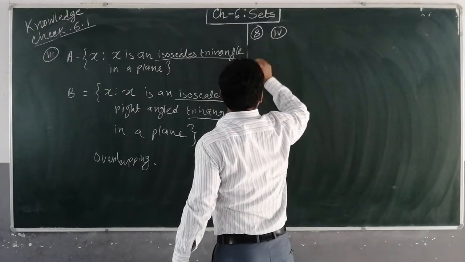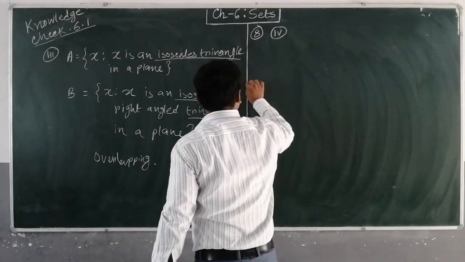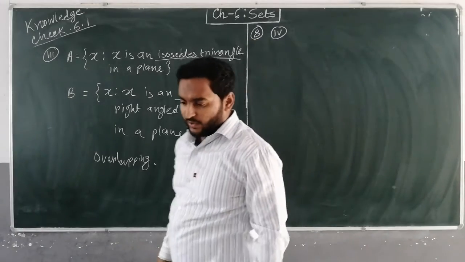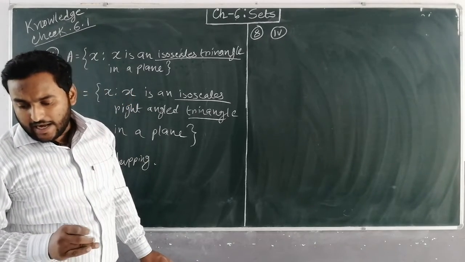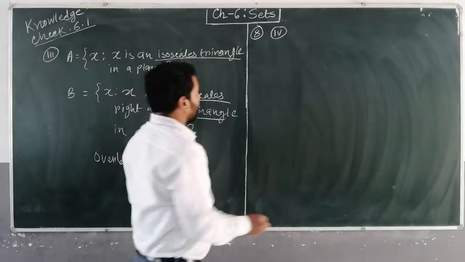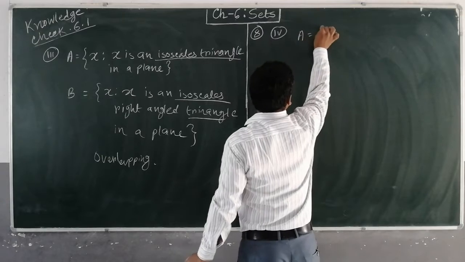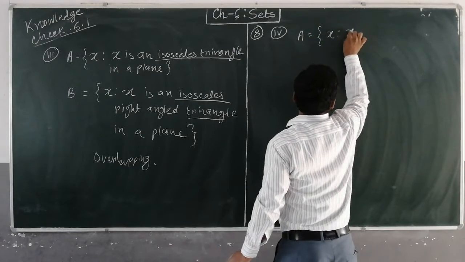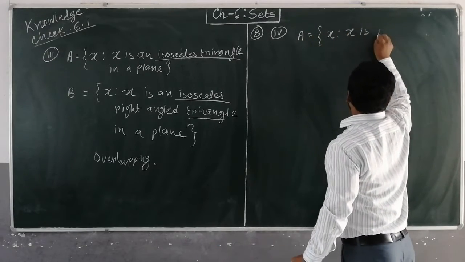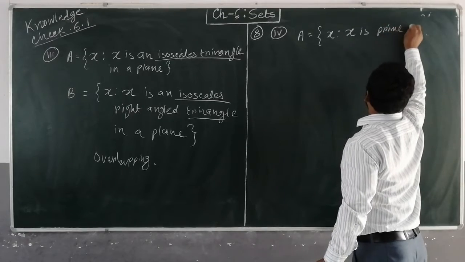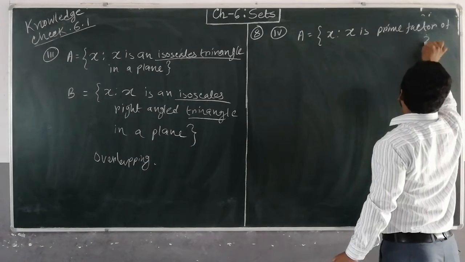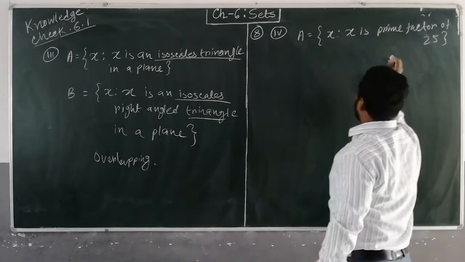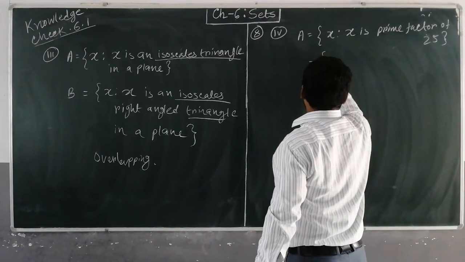Okay, so fourth part. In the fourth part, it is given that A is the set of X such that X is a prime factor of 25.